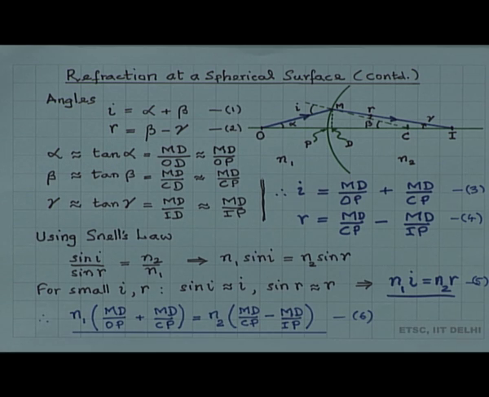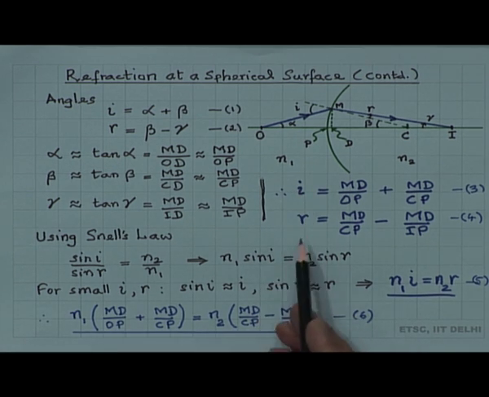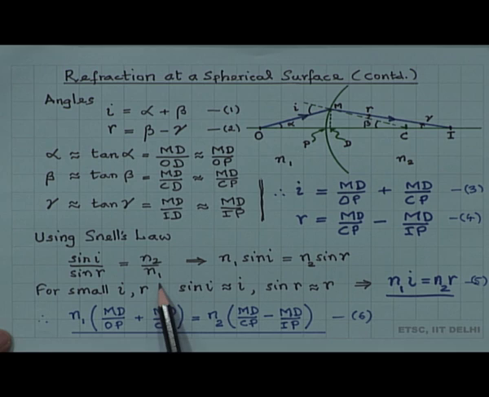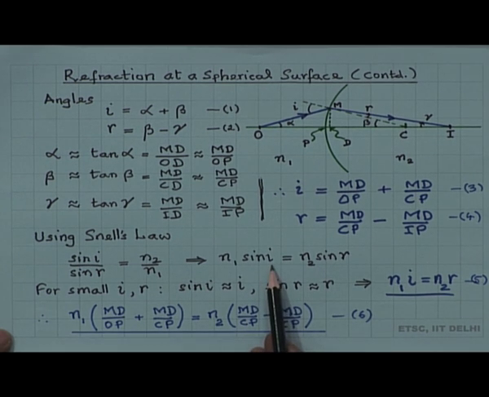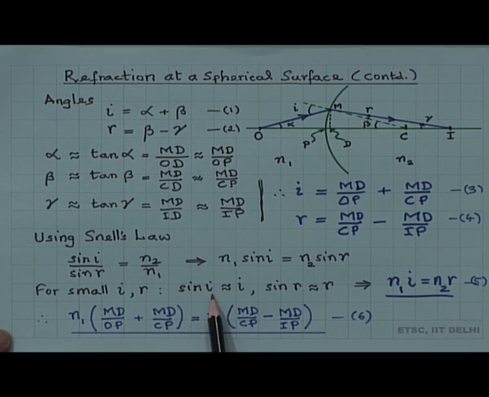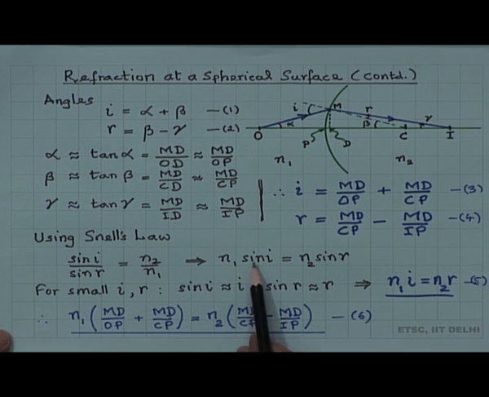Now, we apply Snell's law, because we have i, we have r, and therefore, sin i by sin r is equal to n2 by n1, or n1 sin i is equal to n2 sin r. But again we know that the angles i and r are very small, and therefore, for small i and r we can write sin i nearly equal to i, sin r nearly equal to r, which means n1 into i is equal to n2 into r.